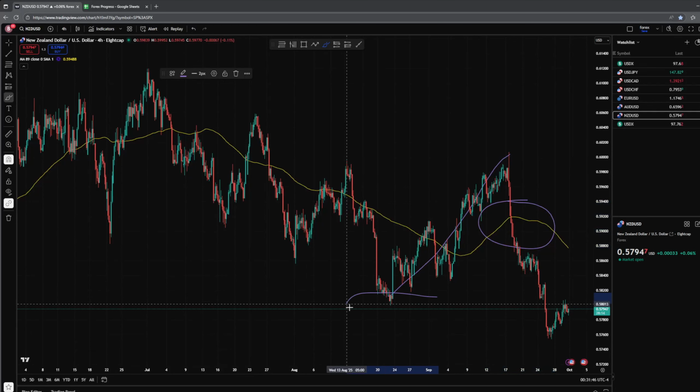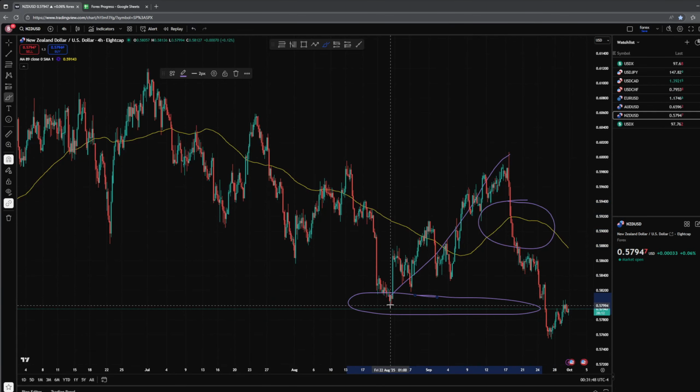Because of that, I set my stop loss below the local minimum here, and I hit my stop loss on New Zealand dollar USD under my buy order. But it's still a good, perfect execution of my trading system as of last week.